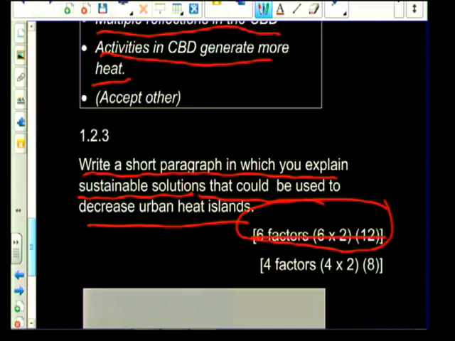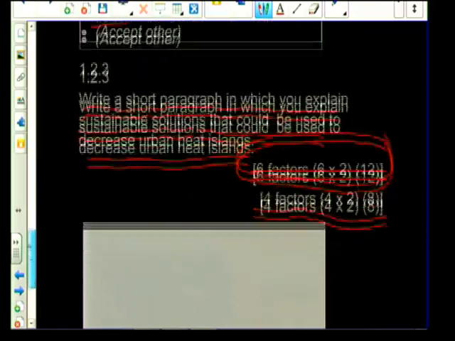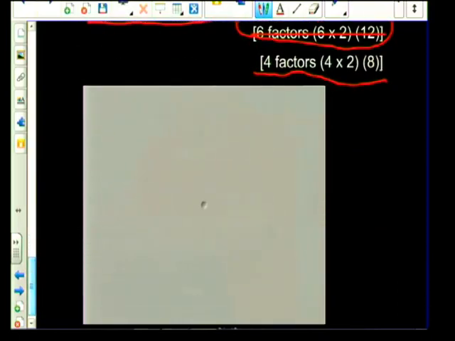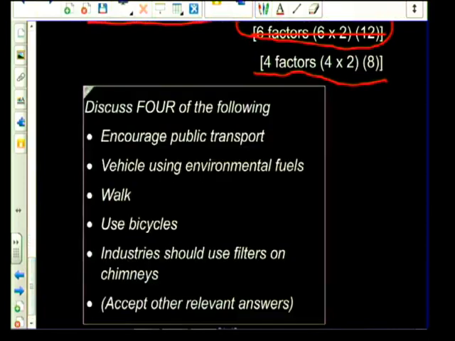Now, it's 4 times 2 equals 8. So 4 factors are needed. All right. Let's look at the answer for this one, where you have to discuss 4 of these factors.